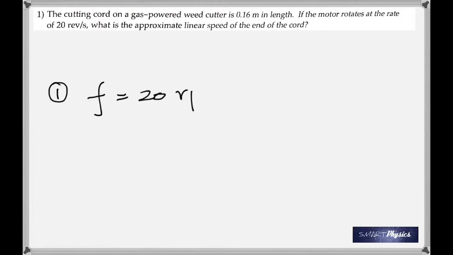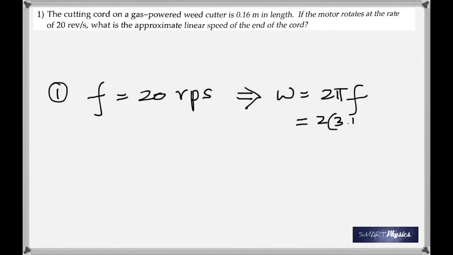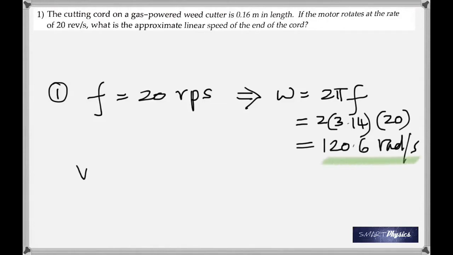From the frequency given as 20 rotations per second, we can find the angular velocity. The angular velocity or angular frequency is 2 pi times the linear frequency, which is 2 pi times 20, that gives 120.6 radians per second.